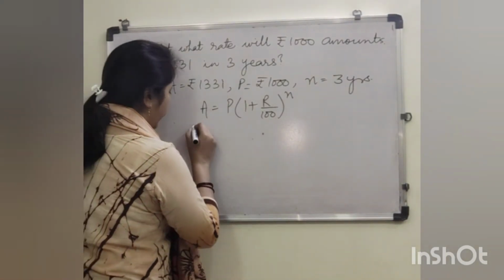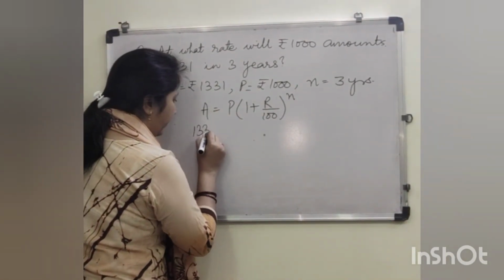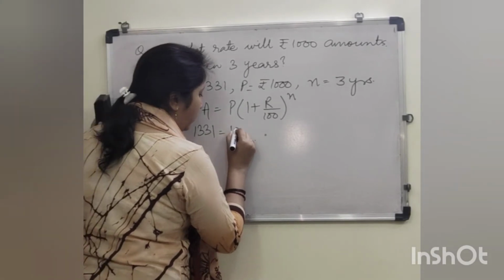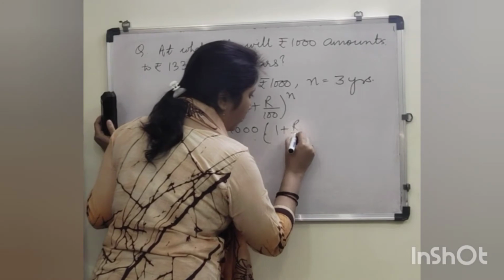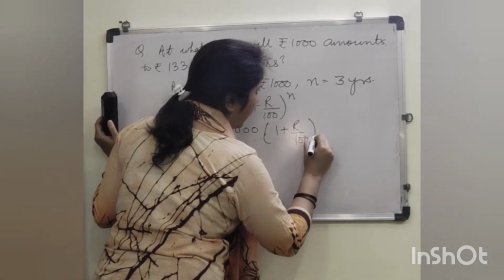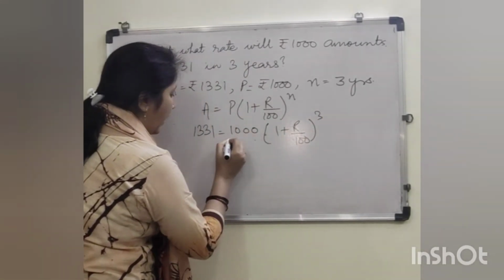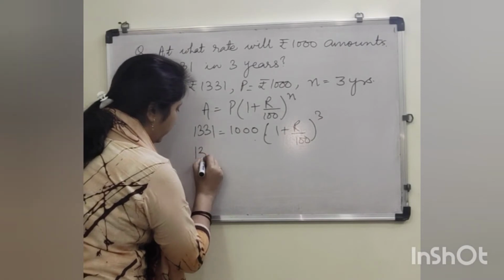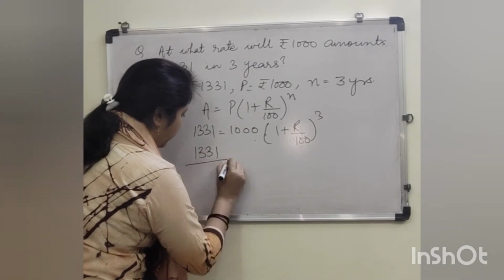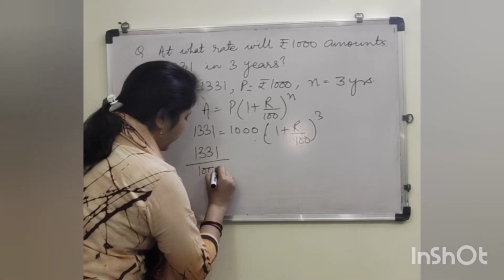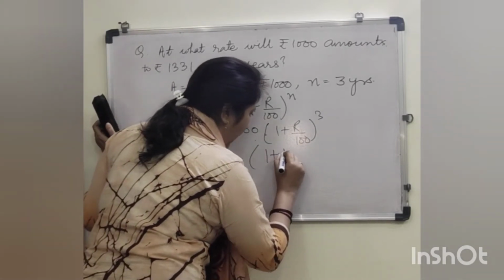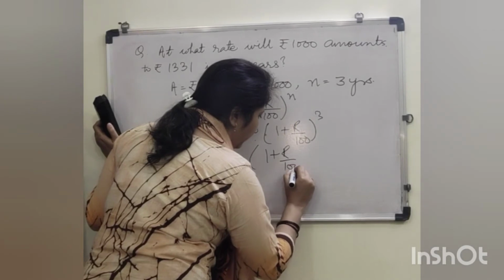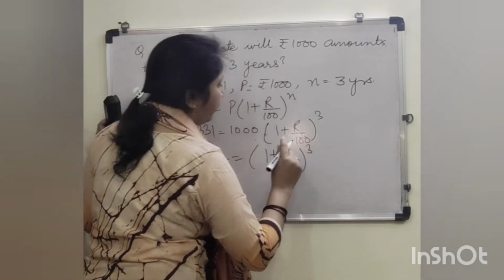Like I am writing here, 1331 is equal to 1000 (1 plus r over 100) to the power 3. Now I have to bring this 1000 below 1331, so 1331 over 1000 is equal to (1 plus r over 100) to the power 3.